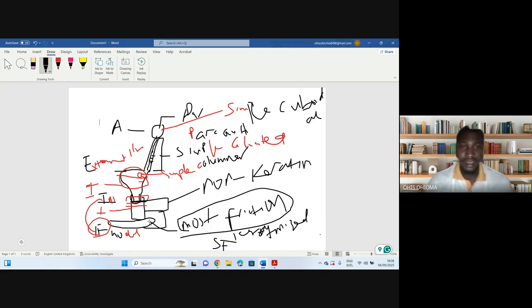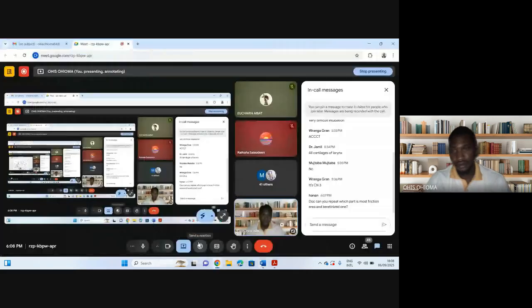So the vulva is the only part that has keratinized squamous epithelium. But from the distal vagina to the ectocervix, the patient still has squamous epithelium, but that part is non-keratinized. That's what I was just trying to say.